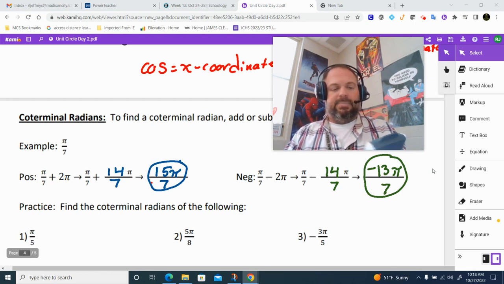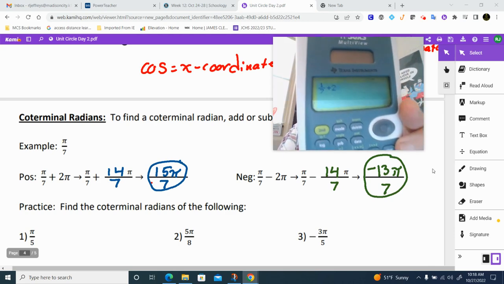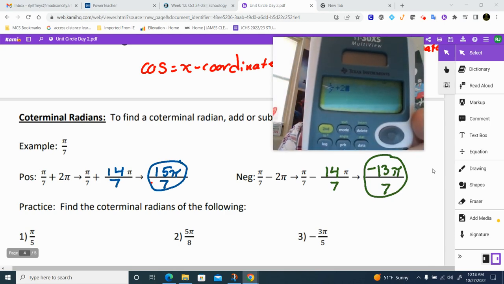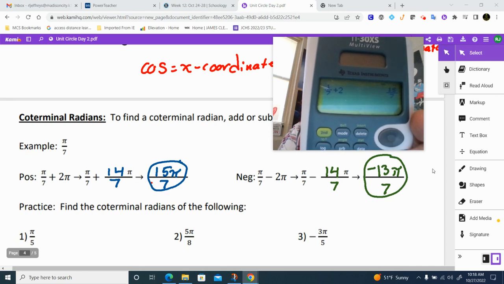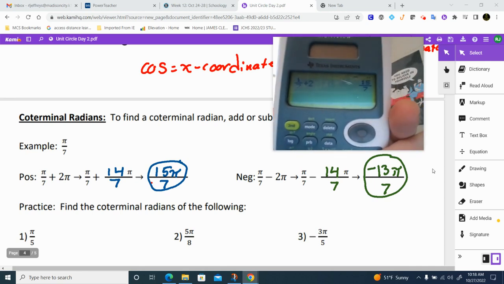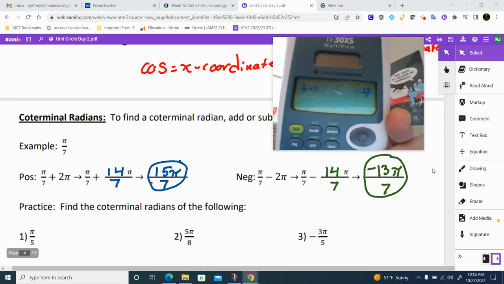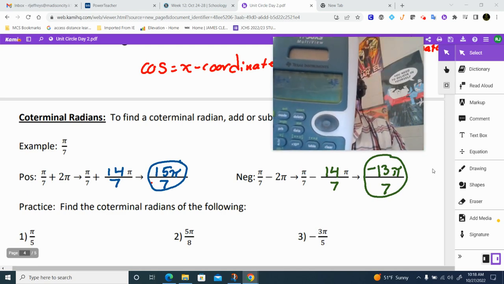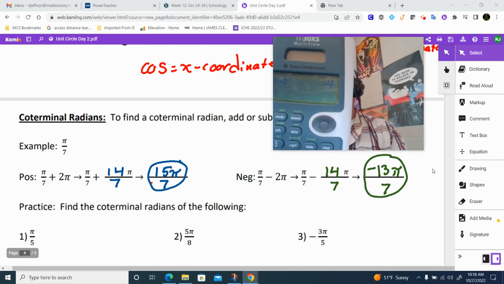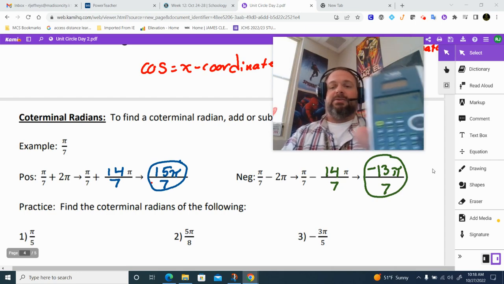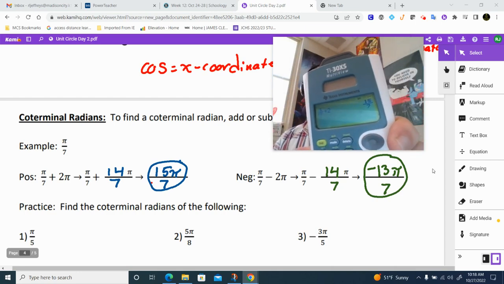Okay. I would actually do this in my calculator and I would hit enter. It gives me 15 over 7. So all I have to do is just add the pi in there. Yeah, 15 pi over 7. So I just add the pi on top.